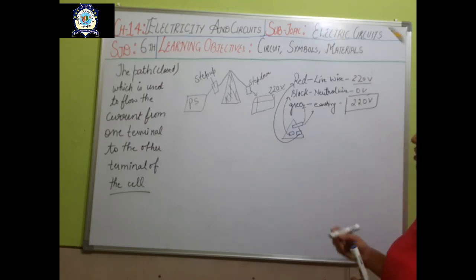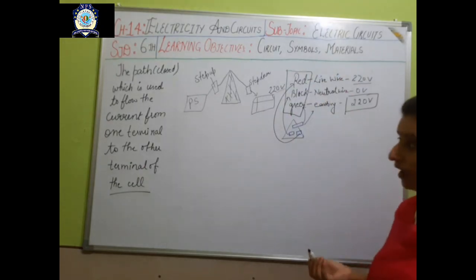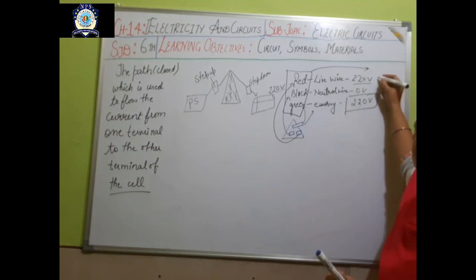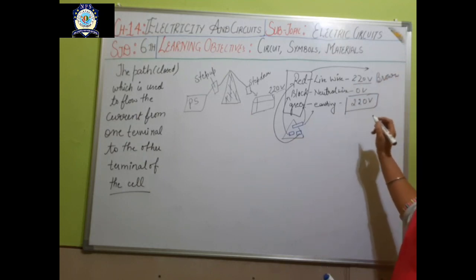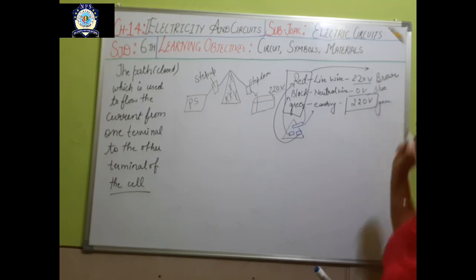Okay, so this red, black and green is the old concept of the wiring. But according to the new concept of the wiring, the live wire is brown color, the neutral wire is blue color, and the earthing wire is again green color.